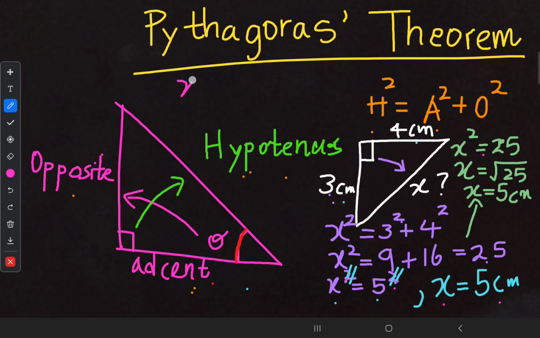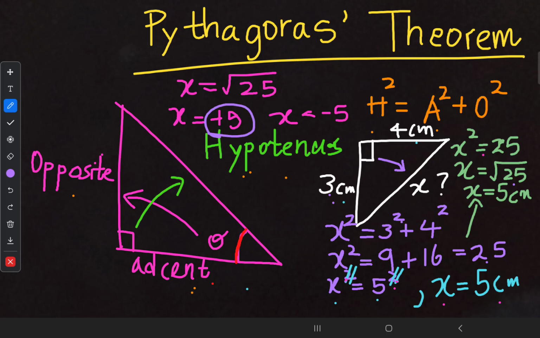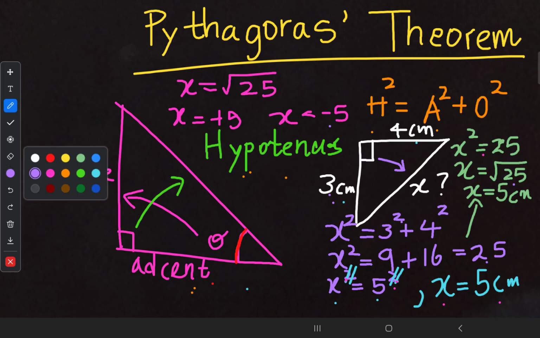In this case, x can be positive 5 or negative 5. There are two possibilities for x, because when we find the square root of 25, we can write positive 5 and negative 5.